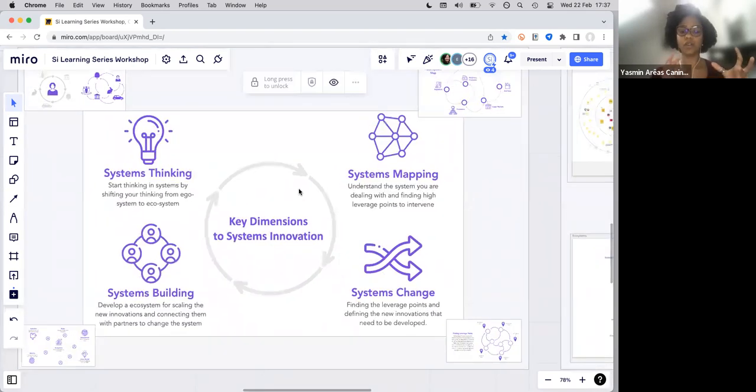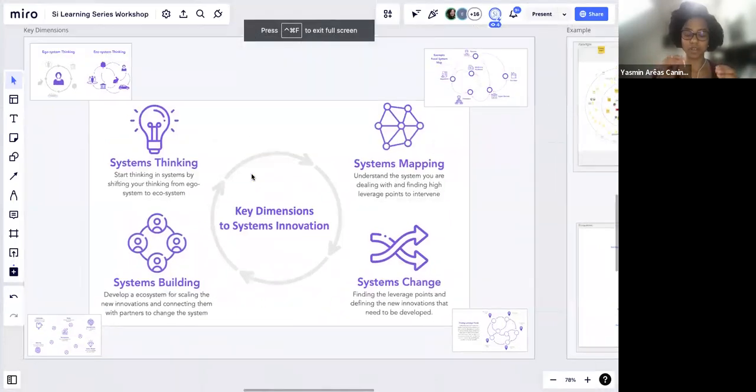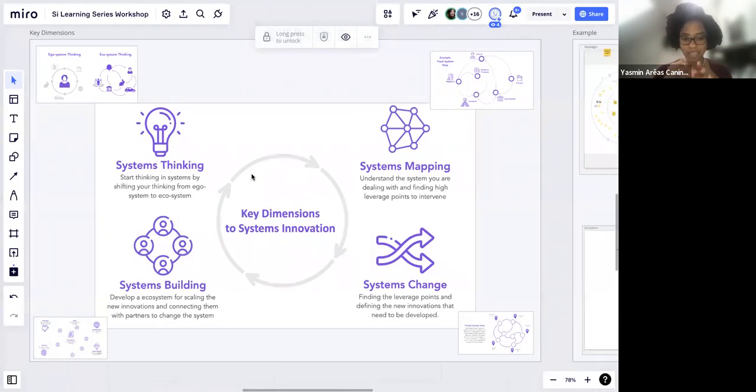Here we're going to move from understanding just the parts of the system and digging deeper, analyzing each one of these parts and breaking them down, to understanding the whole that these parts are a part of. So we look at the phenomena as a whole rather than just breaking them into parts.